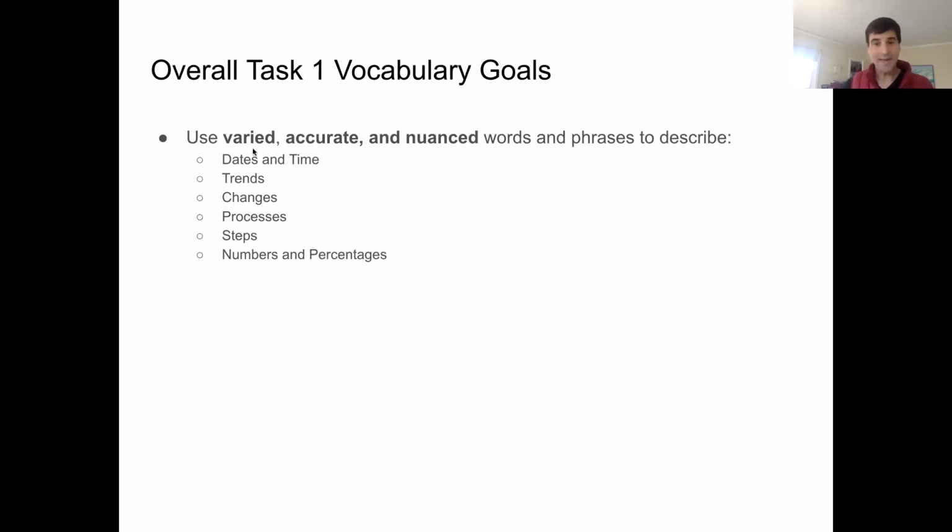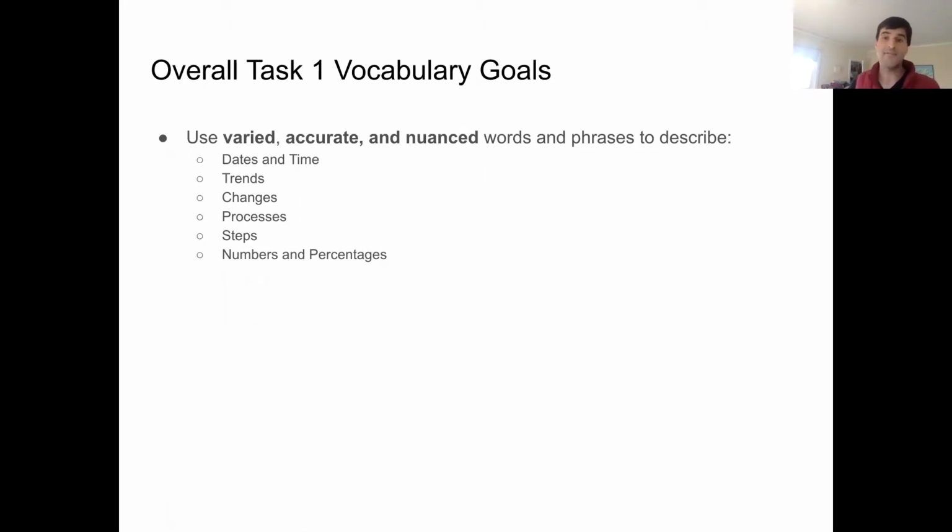Okay, what does it mean to have varied vocabulary? Varied vocabulary means that you are not using the same words over and over again. You're not relying on the same word to communicate one idea. This is something that comes up a lot.